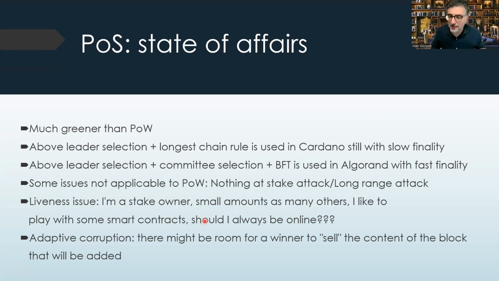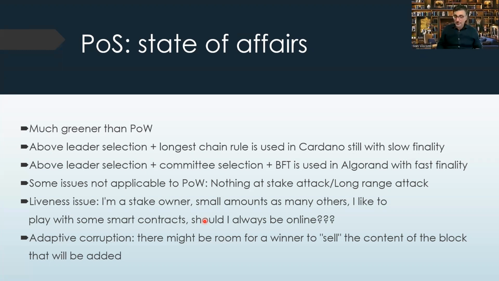I don't want to consume electricity. I have the battery of my smartphone or whatever. So this is also an issue, mainly a liveness issue. Basically the blockchain can stop because nobody is participating in the consensus anymore, because what is the incentive to participate?